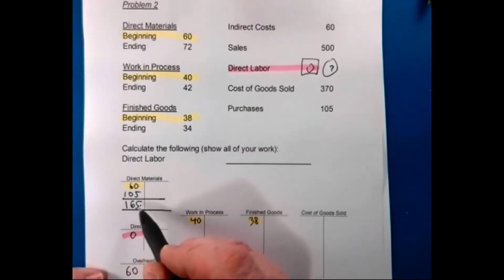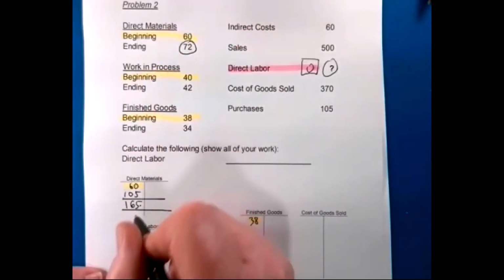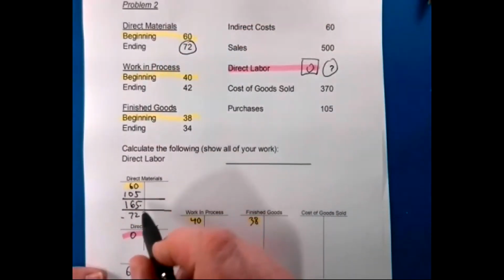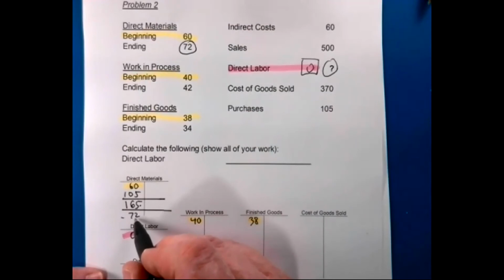So we had 165 in there. The ending was 72. So of the 165, 72 was not used.